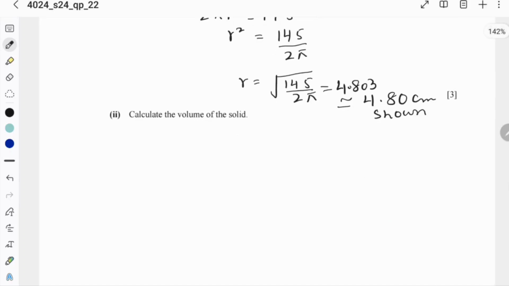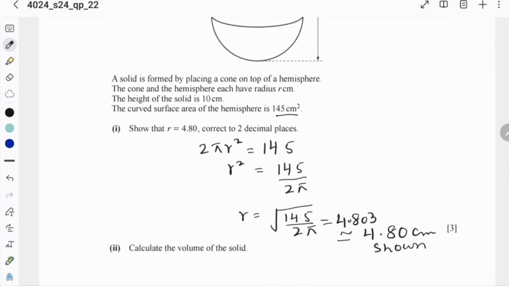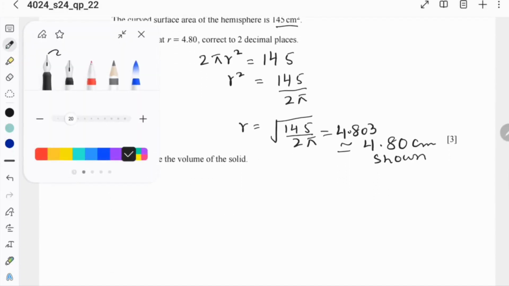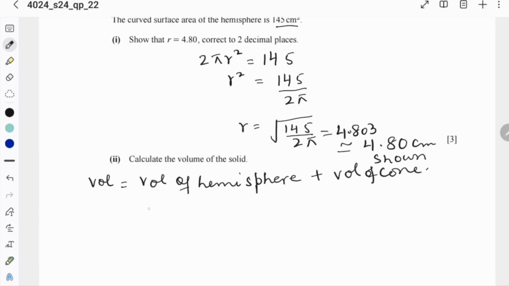Second part of the same question: calculate the volume of the solid. So it means the volume of the solid. Two shapes are there, the cone and the hemisphere. So the total volume equals the volume of the hemisphere plus the volume of the cone. Hemisphere means half of 4 over 3 pi r cubed, as 4 over 3 pi r cubed is the formula for the volume of the sphere.